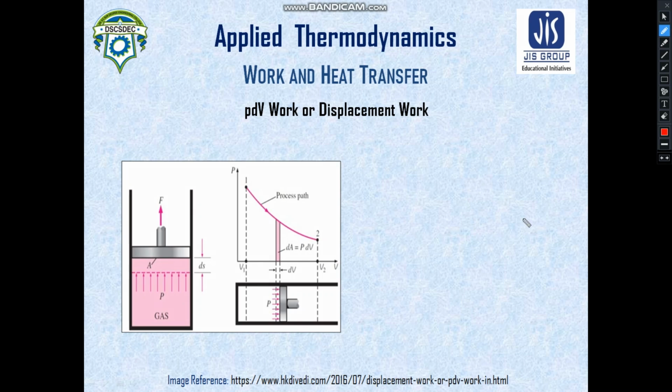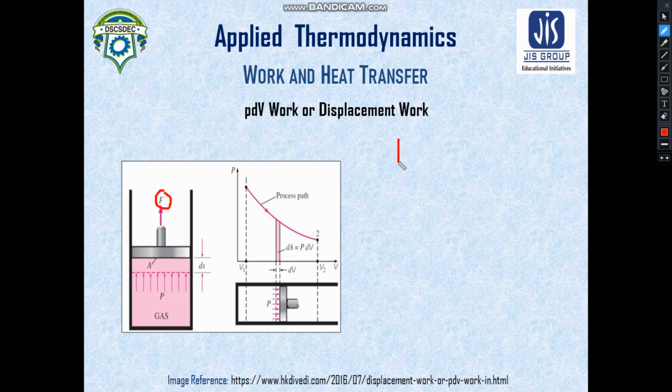As you can see in the diagram, a certain mass of gas is under the effect of a piston which is exerting a certain amount of force F on the gas. So this is an equilibrium position. That means the pressure exerted by the gas is exactly the same as the pressure exerted by the piston on the gas.